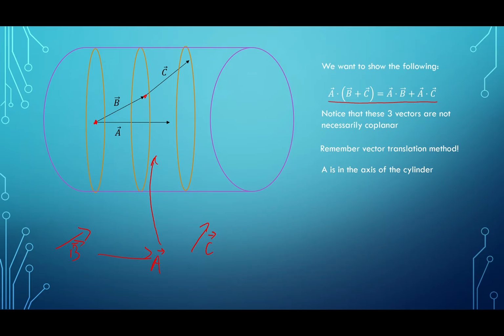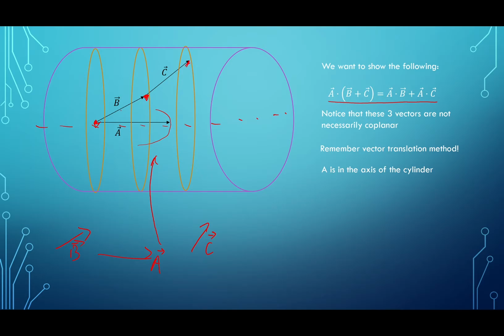Notice that I draw a cylinder here because this will help us prove the law, as we will see soon enough. The first thing you need to do is set A as the axis of the cylinder, and then consider these three points.